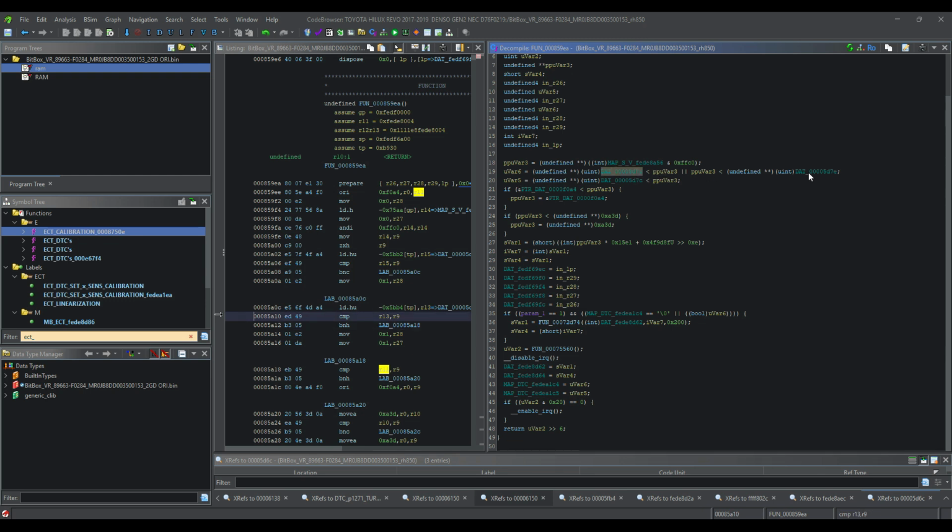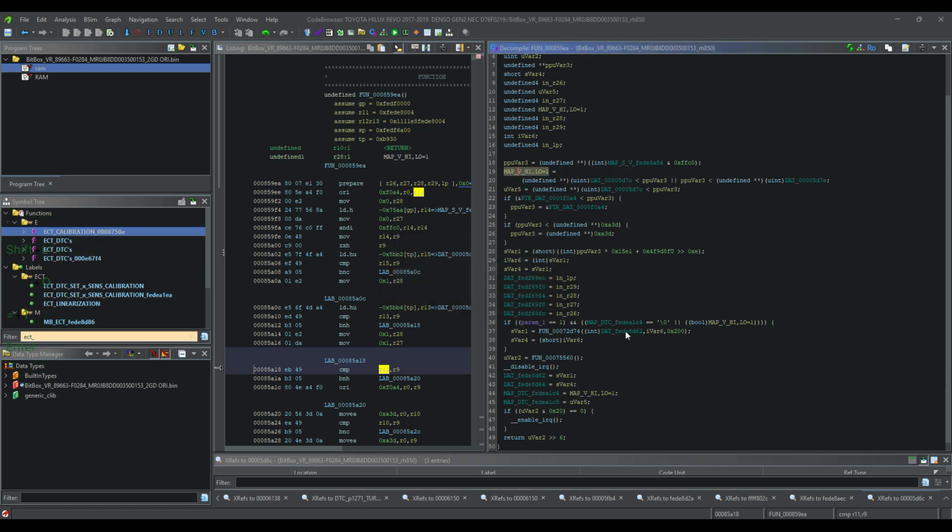So if we're more than high and we're less than low, so we're going to go map sensor voltage. We're just going to say map V high, comma, low equals 1.